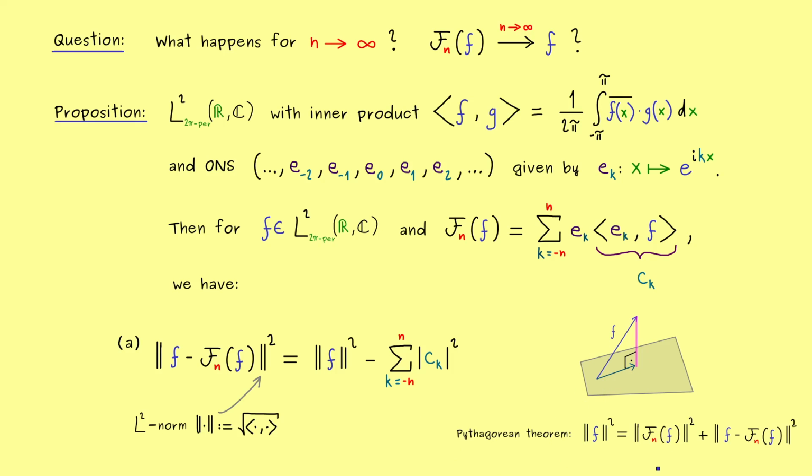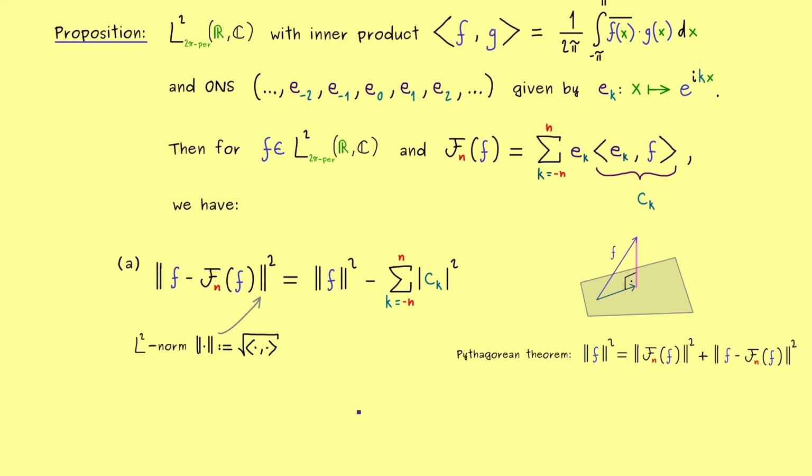So we have the length of the orthogonal projection squared here, plus the length of the normal component there. And then you see we just need one subtraction on both sides to get the formula here. And of course you have to calculate the inner product of f with itself, but then you see it just results in that. Indeed, this is really simple because it just comes from the property of the ONS. So there we have it, this is already the proof of this general formula.